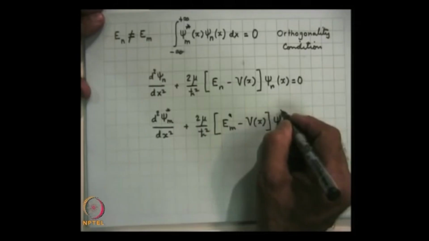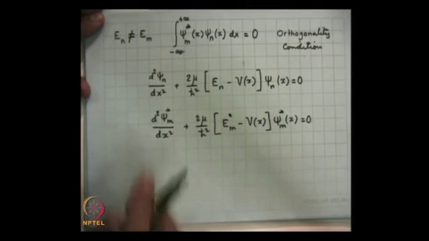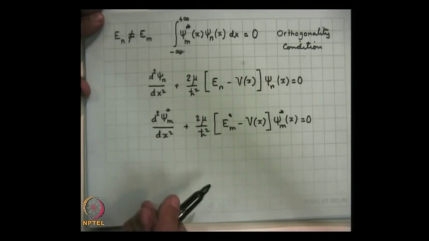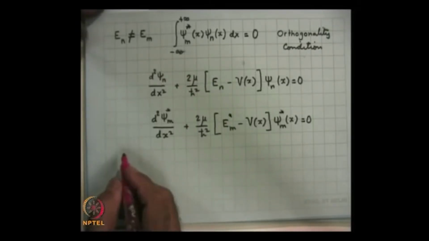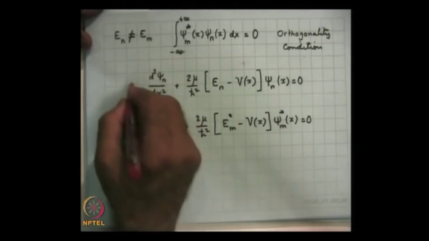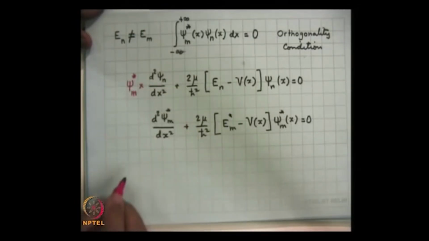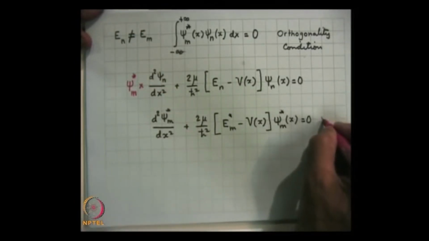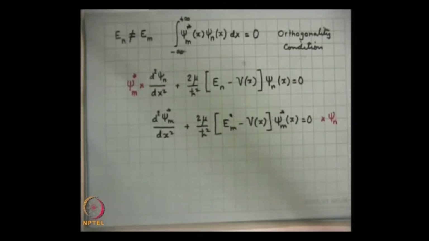Then, because E m is a real number, we do the same trick as we had done before: multiply the first equation by psi m star on the left, and multiply the second equation by psi n on the left.